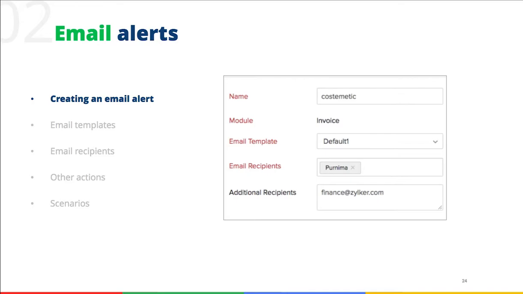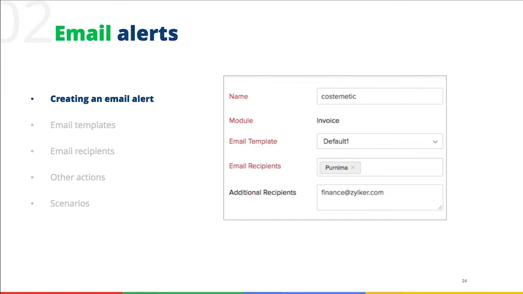So with that, I'm going to jump into email alerts. This is very basic, and very popular among our customers also. You can create an email alert for a variety of scenarios, and let's face it, we are all familiar with these situations, right?